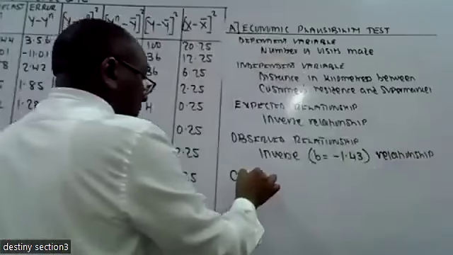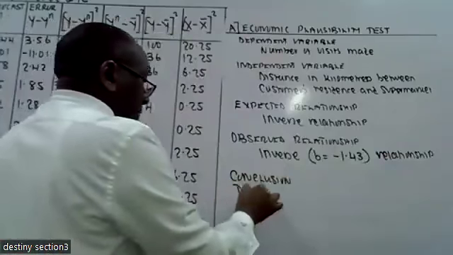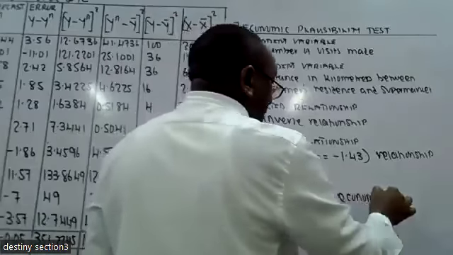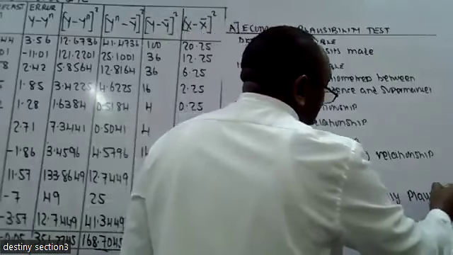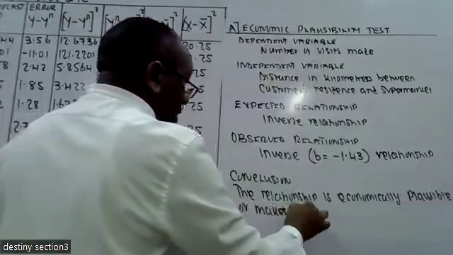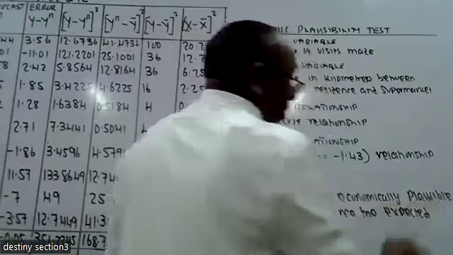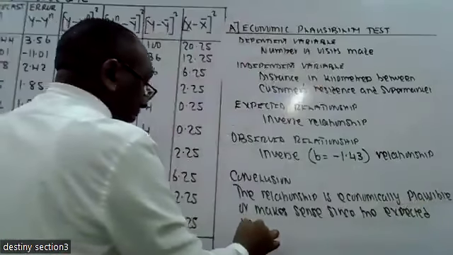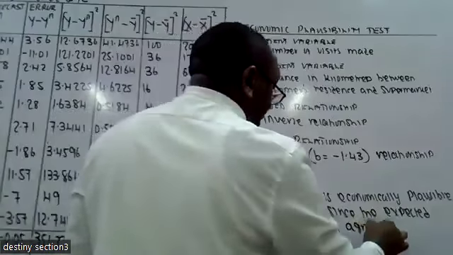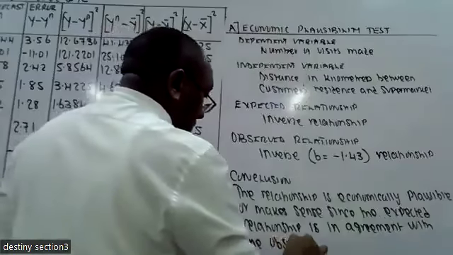Then what is the conclusion? The conclusion is that the relationship is economically plausible, or makes sense, since the expected relationship is in agreement with the observed relationship.